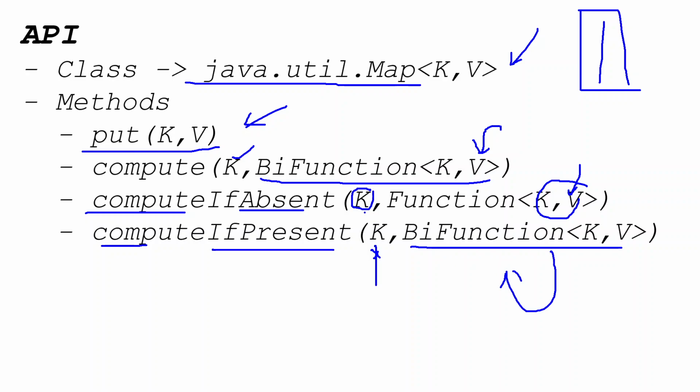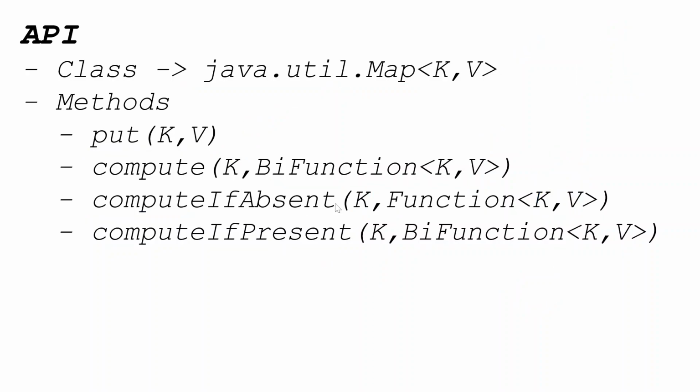Here it says if the key does not exist, absent, then calculate this function, and whatever value is returned is stored in this map. So you can say the compute functions help us to store any processed value inside a map with a key.